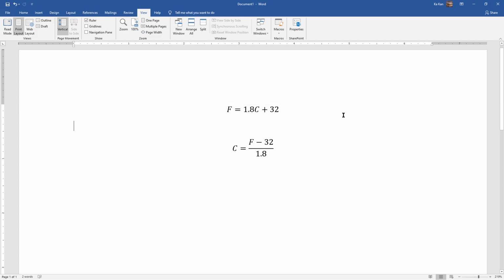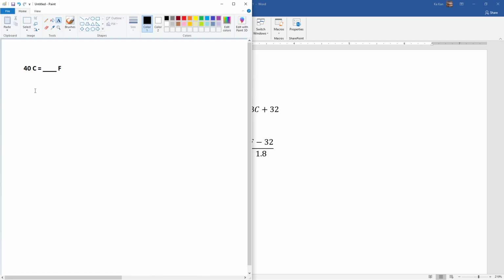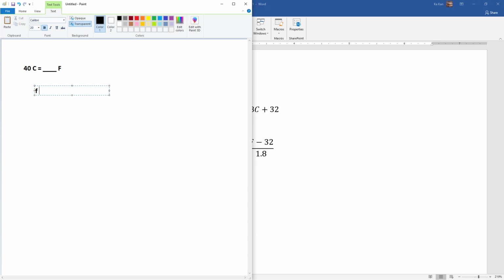Right, so let me copy that. This is F equals 1.8 C plus 32. Because you know the C, you just got to plug it in. So let's plug in 40 for C.